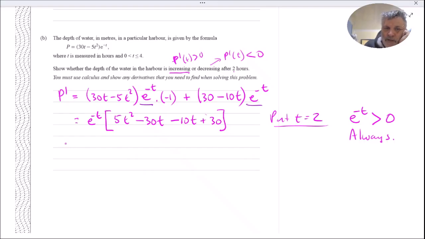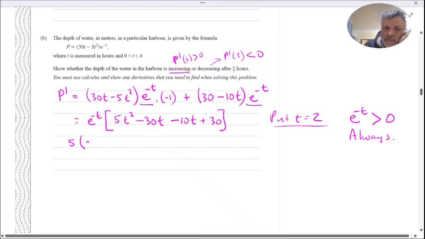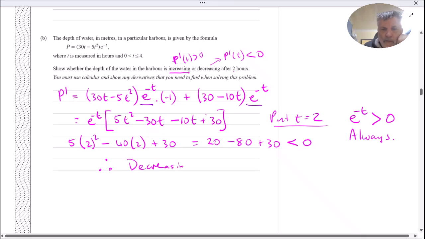So we can just investigate 5 times 2 squared minus 40 times 2, and then plus 30. 4 5s are 20, minus 80, plus 30. And you can work it out, but it's less than 0, therefore decreasing at t equals 2 hours.